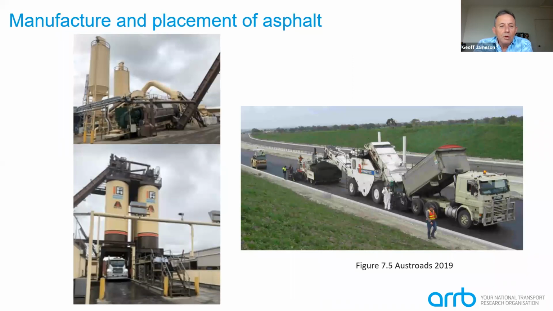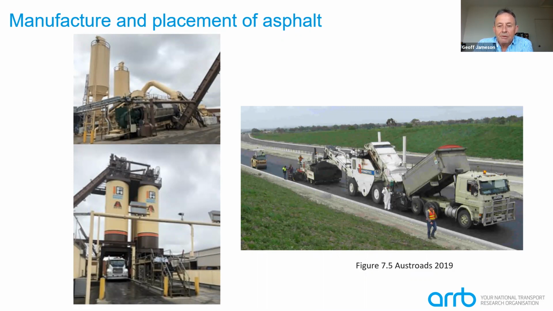In week one, we also saw how asphalt is made in an asphalt plant, where we combine the binder, bitumen of various classes, some with polymers, some without, and different sizes of aggregates mixed together, then loaded into trucks, and then it finds its way to the paver, shown on the right-hand side here.